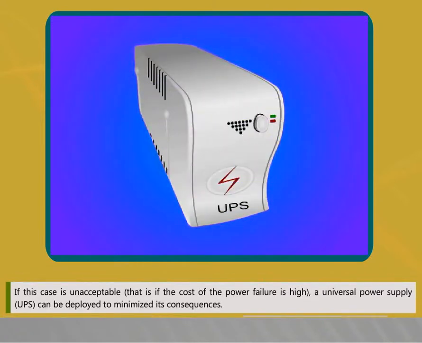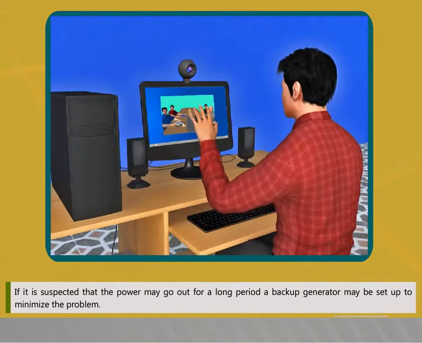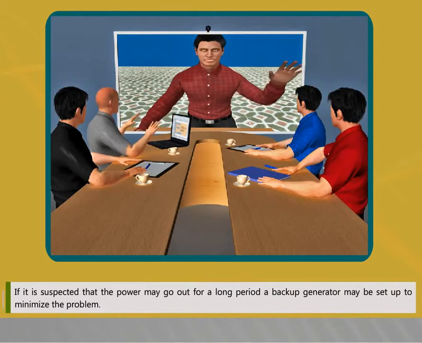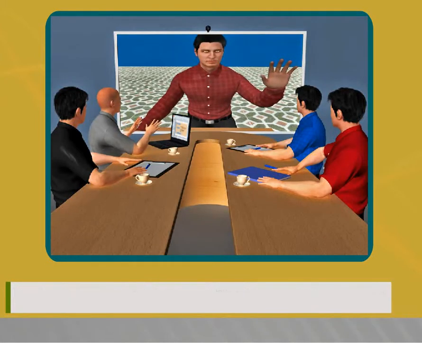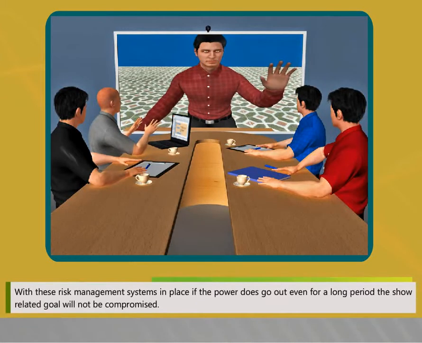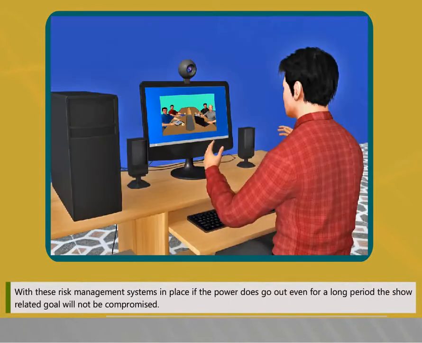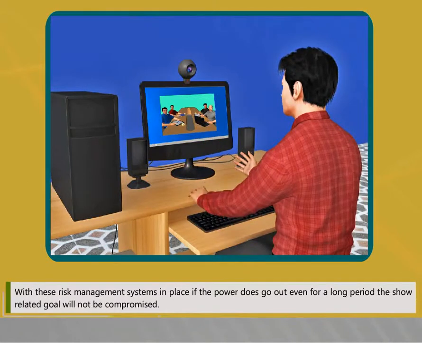If this case is unacceptable, that is, if the cost of the power failure is high, an uninterrupted power supply, that is UPS, can be deployed to minimize its consequences. If it is suspected that the power may go out for a long period, a backup generator may be set up to minimize the problem. With these risk management systems in place, if the power does go out even for a long period, the show-related goal will not be compromised.